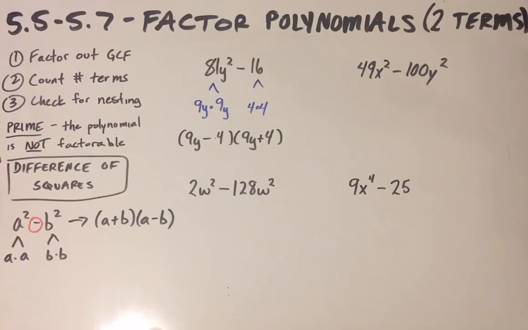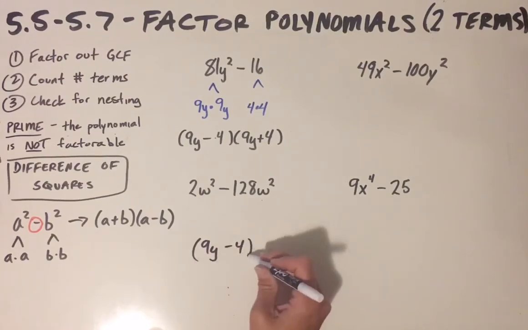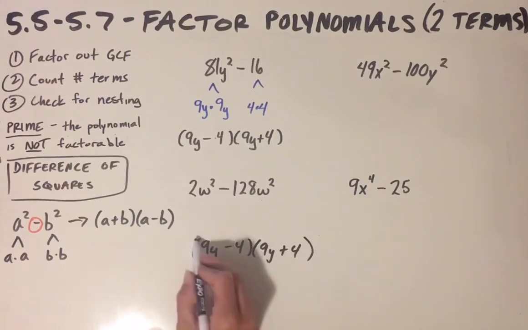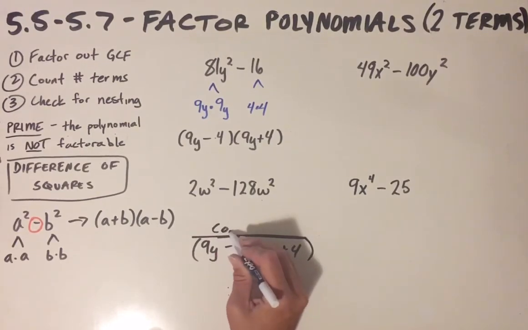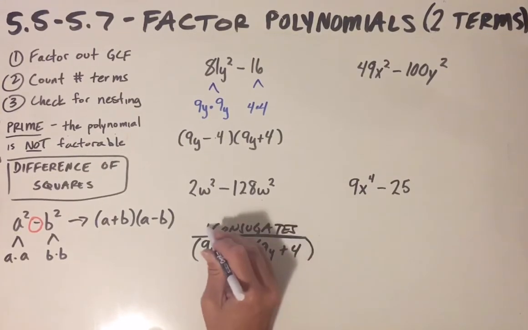And the reason why is because when you multiply this back out, if I multiplied 9y minus 4 and 9y plus 4, remember we talked about this. These two terms right here are called conjugates. It's the same two terms with opposite signs. This is going to come up later.